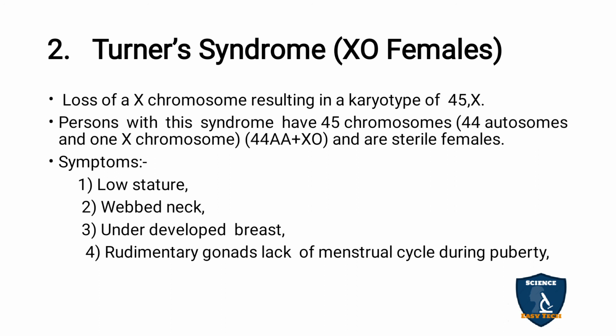The breast is not properly developed, and the gonads are rudimentary. Rudimentary means the part is not well developed. There is no proper formation of gonads, so the menstrual cycle doesn't take place during puberty, that is, at maturity time.